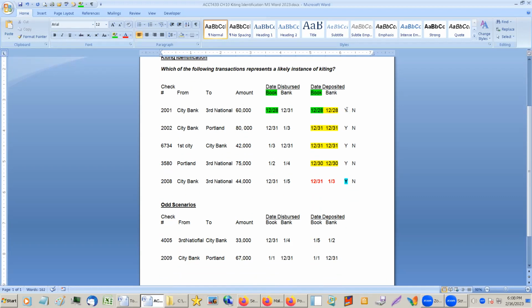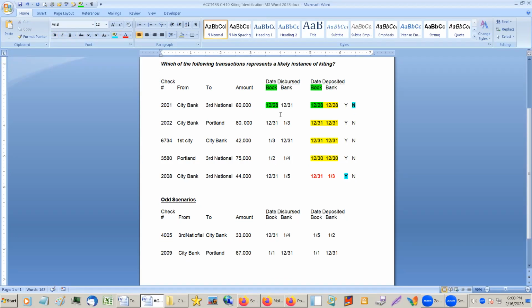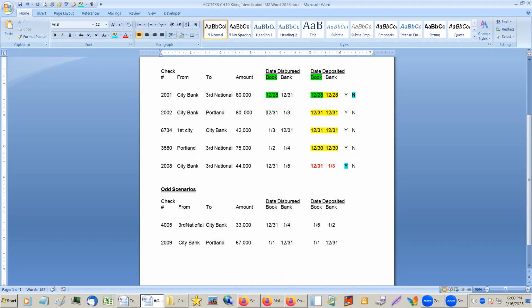And they are made on the same date. So is this kiting? No. All right, this one. Same date. Okay, like kiting? No. No, I'm okay.